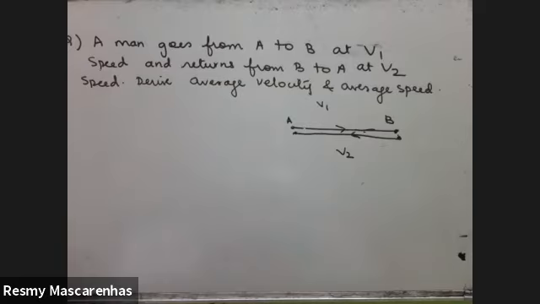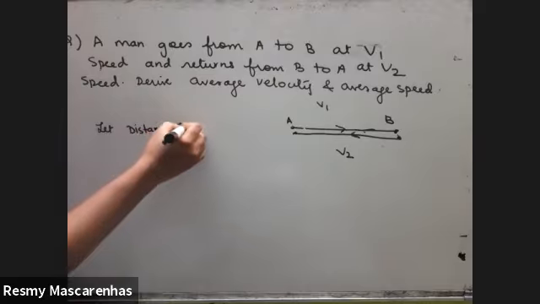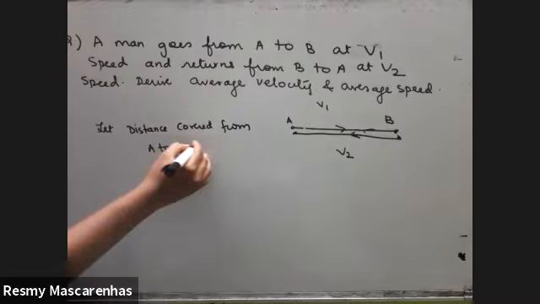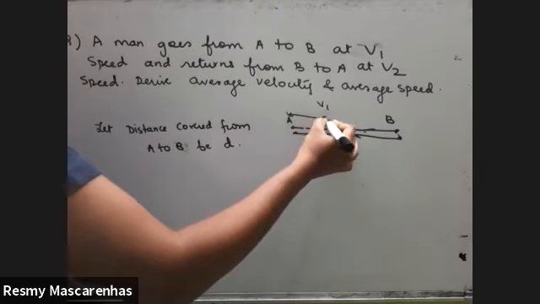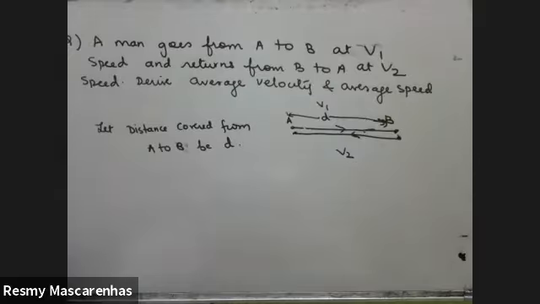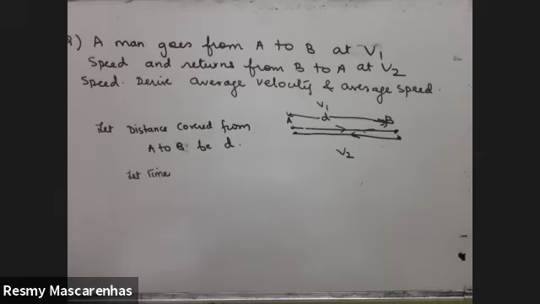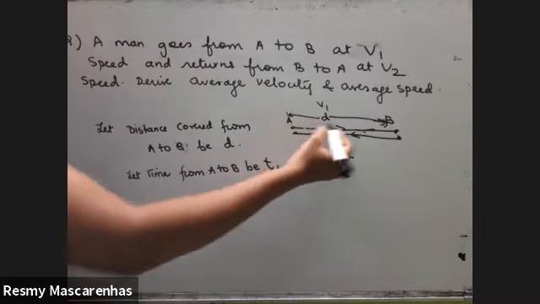Whenever only this much has been given, you have to assume that the distance from A to B is D. Any distance you can take, so I'll use the letter D. From here to here you mark D. And let the time be t1 while going.